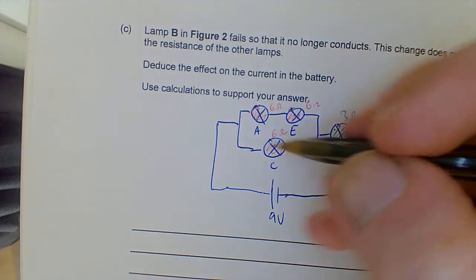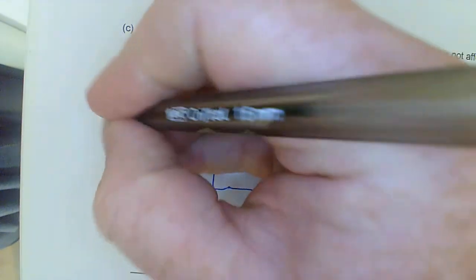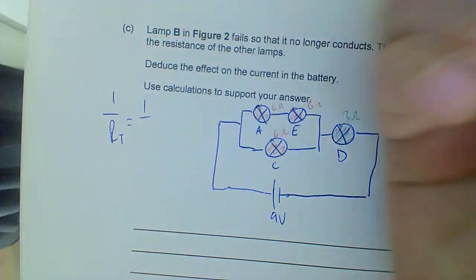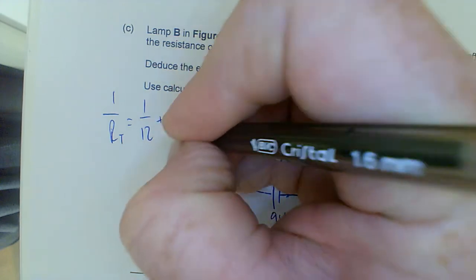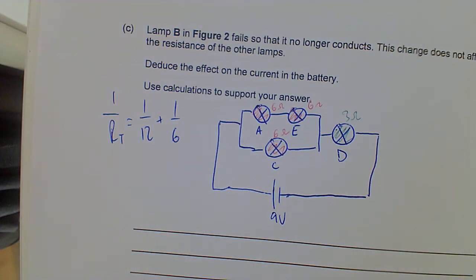Well, this is 12 ohms and 6, so 1 over RT equals 1 over 12 plus 1 over 6, which equals a quarter. But we need to inverse that answer. One over the answer gives us 4 ohms.